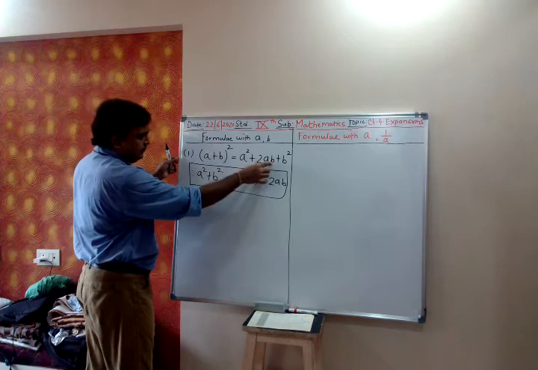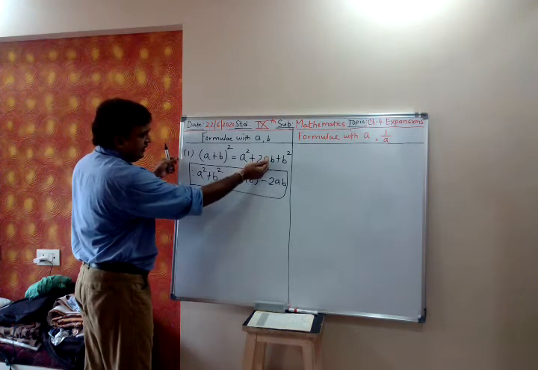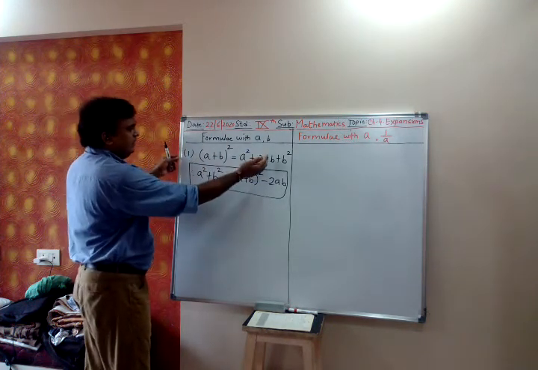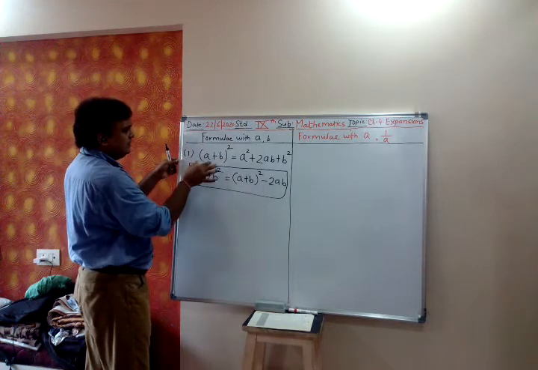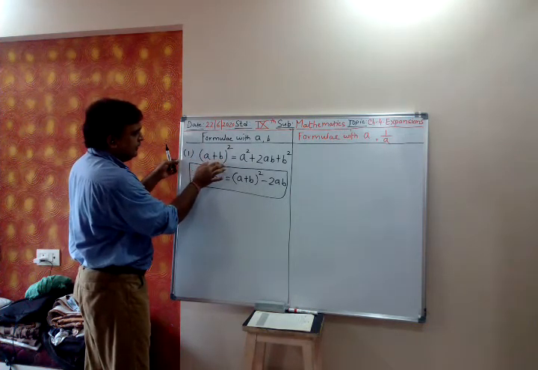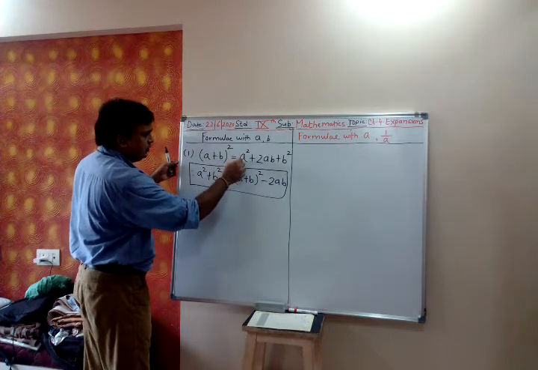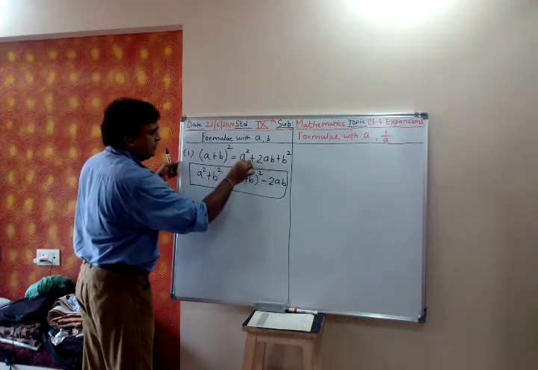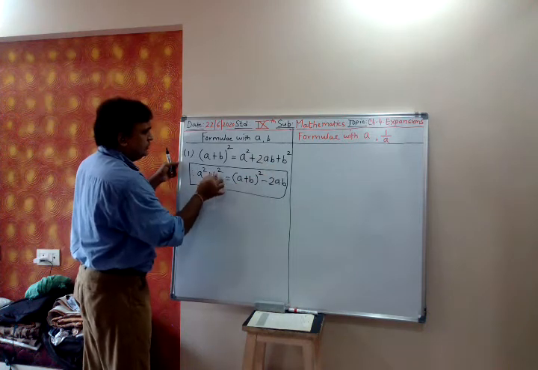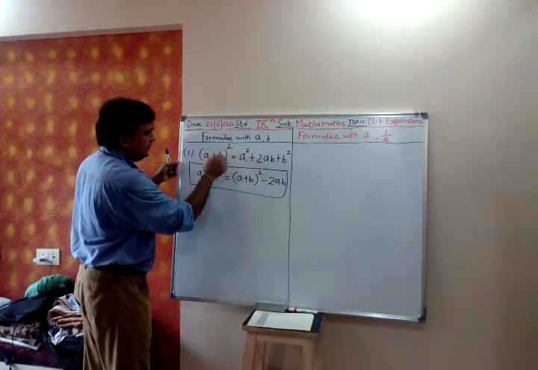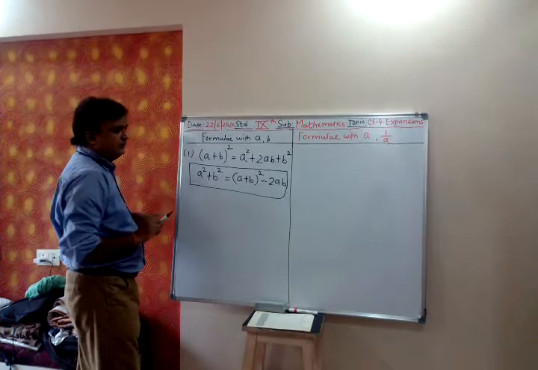This 2ab I have taken on the other side, and when we change the side, the sign changes. So a square plus b square is equal to a plus b whole square minus 2ab. Clear?